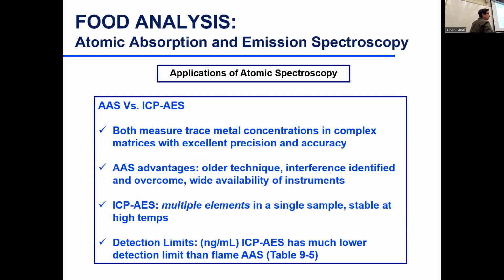However, ICP now is getting more application, especially if you can afford it. If multiple element detection is something that is done routinely, they go for ICP. And it has much lower detection limit, so it has higher sensitivity, lower threshold than atomic absorption. And the table in your textbook is just a reference.